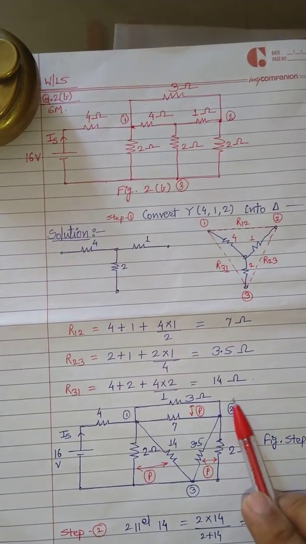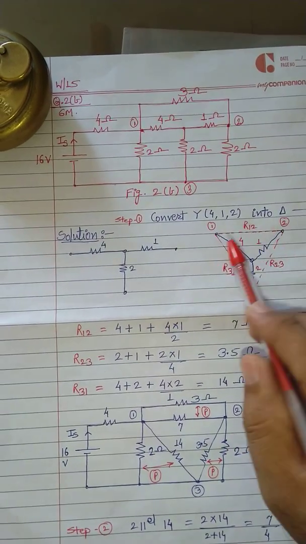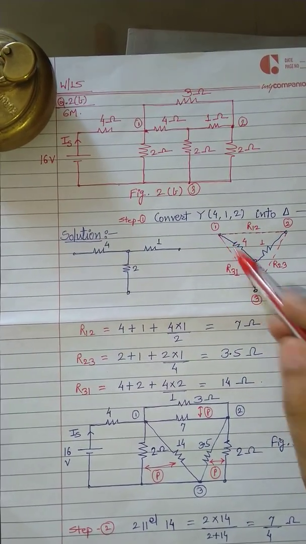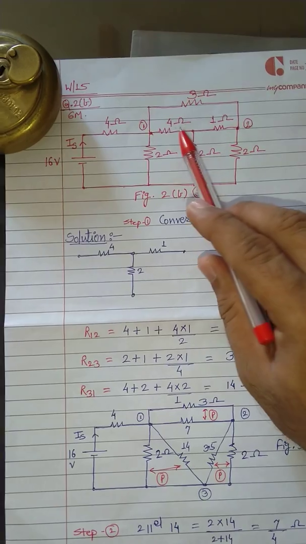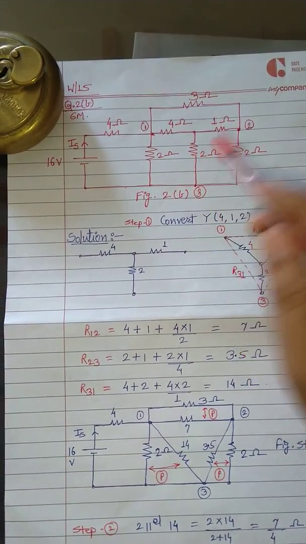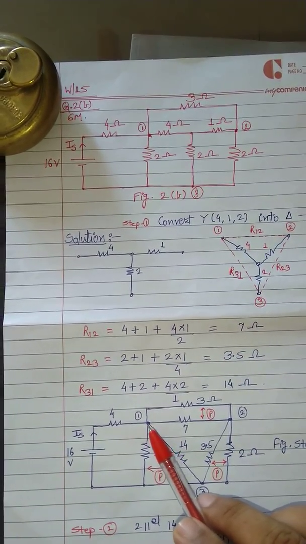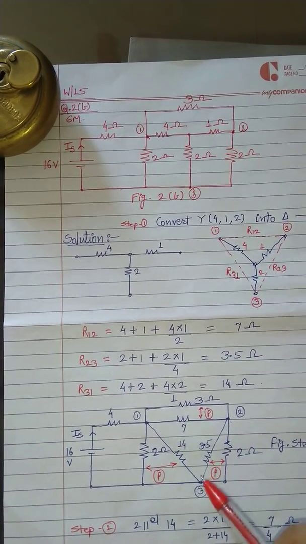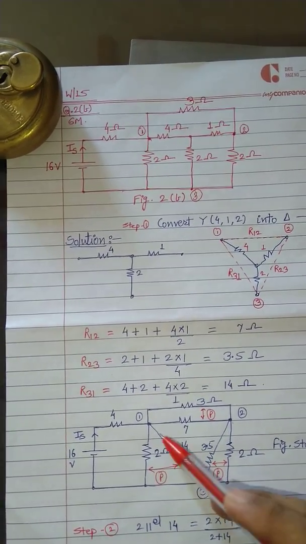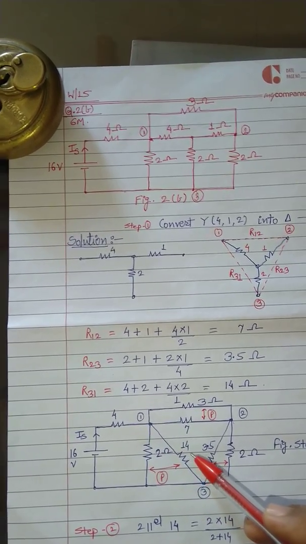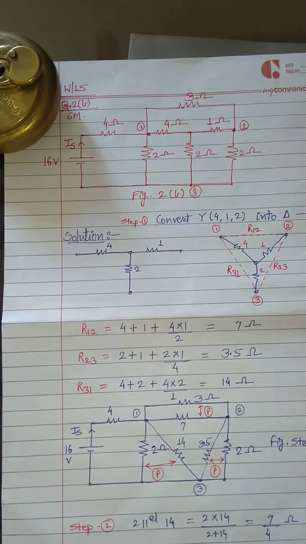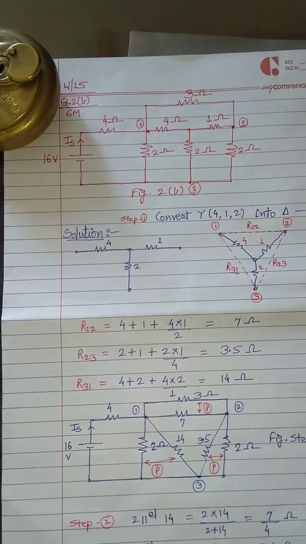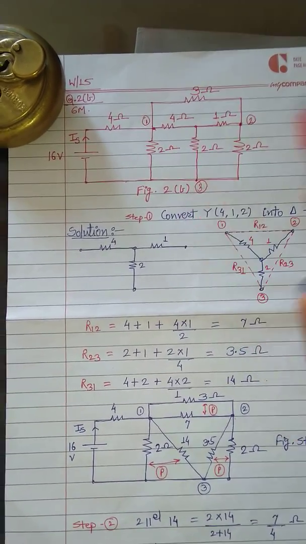After getting these three values, you can draw this dotted line with a dark line so that it replaces the 4 1 2 star with delta, which gives you R12 as 7 ohms, R23 as 3.5 ohms and R31 as 14 ohms. So this is the figure drawn in step 1 from the given figure 2b.